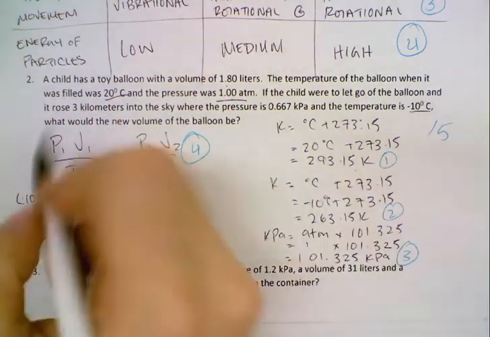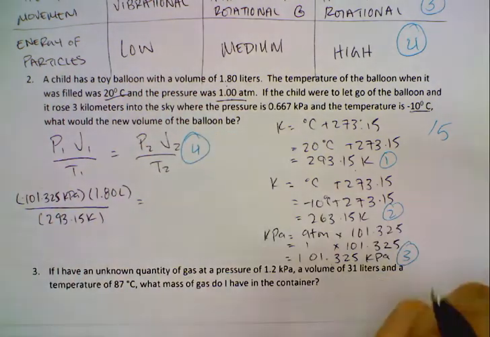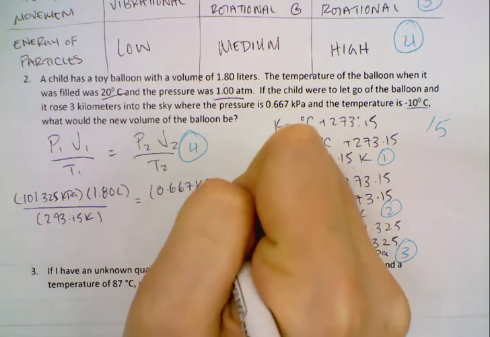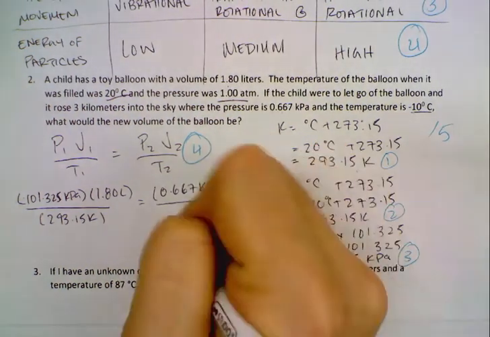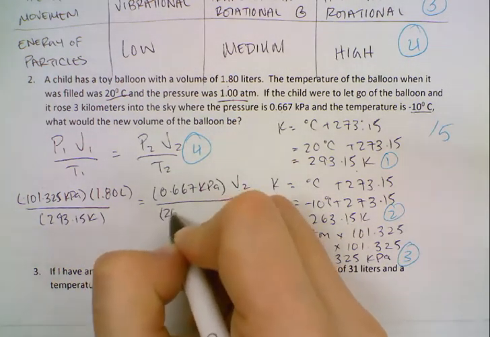Our first temperature we converted over here. Our second pressure is given to us in the question. Our second volume is what we're calculating for, and our new temperature was calculated over here.